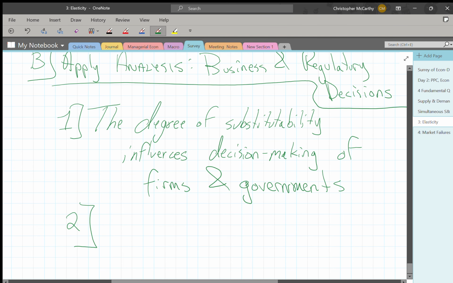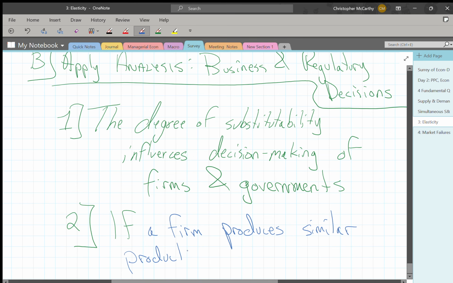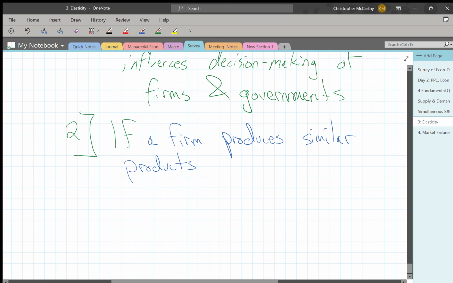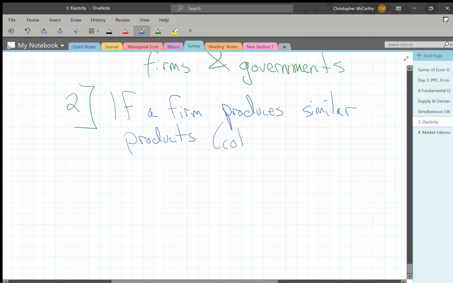So a firm that produces similar products like Coke and Pepsi, or sorry, Coke and Sprite, with low cross-price elasticity.